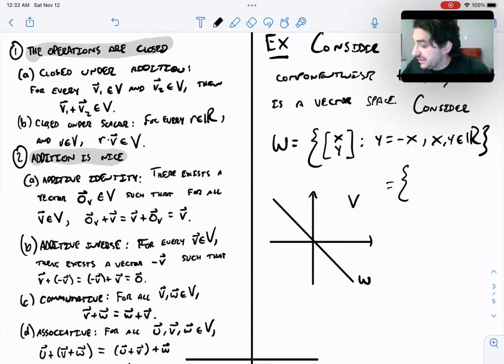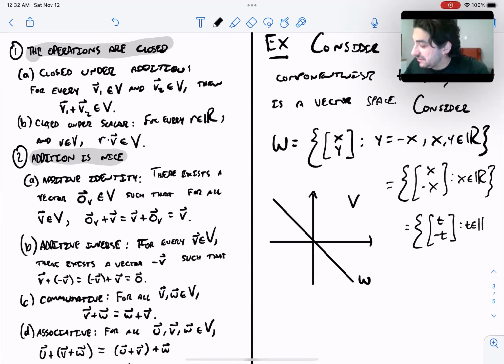You could plug that in for y, and write it as x comma negative x, where x is in R, right? Or it might look more familiar if you write t comma negative t, where t is in R, right? That's almost like a parametric form for that same line, right? But any of these are just slightly different notation for the same set.